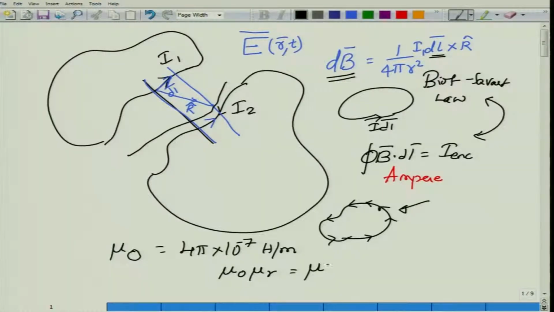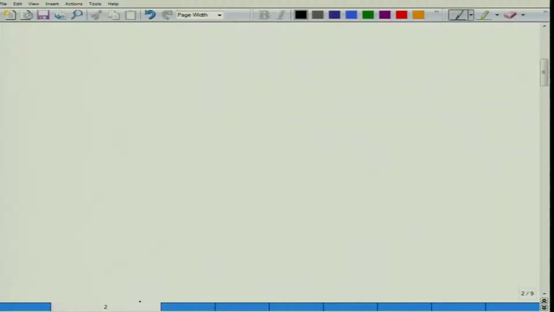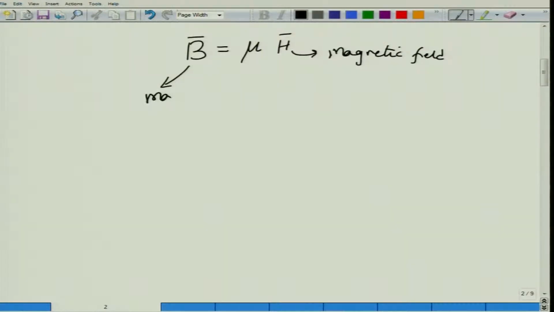So what is this permeability that we are talking about? The full discussion is slightly complicated, I won't go into it, but the field quantity B is related to another quantity called H. This H is what we sometimes call the magnetic field, and B is sometimes called magnetic induction, or magnetic flux density.